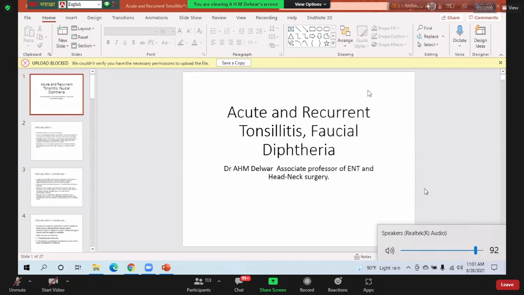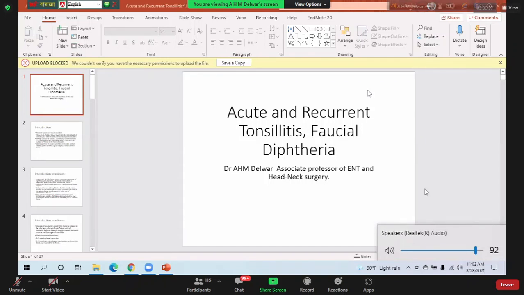Everybody knows that when a child comes to you with throat pain and you see acute tonsillitis, between 3 to 10 years, you must do an X-ray of the nasopharynx laterally to see the adenoid.